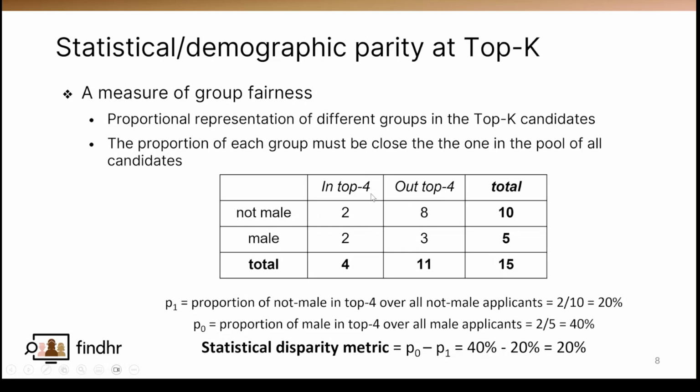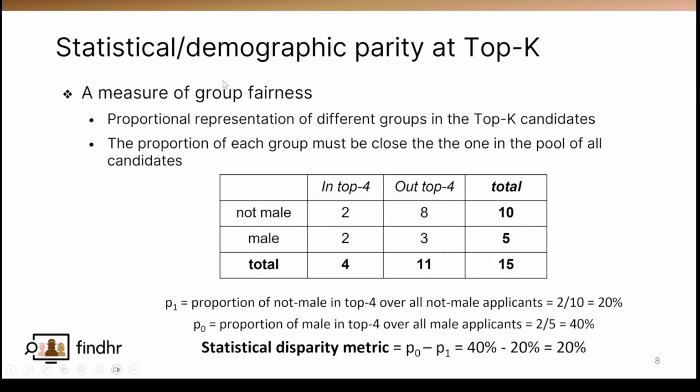And on the columns, how many were in the top 4 or out of the top 4. In this case, we have 2 male and 2 not male in the top 4. Is this a fair situation? Depends how we measure fairness.